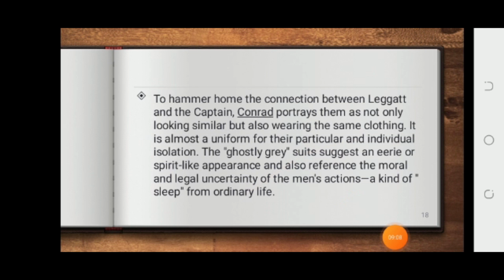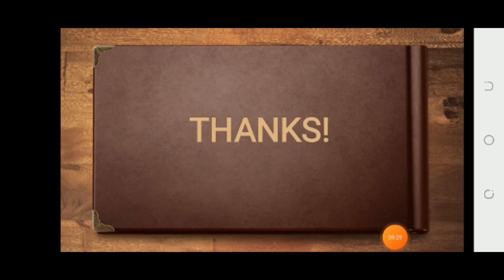It is also a uniform for individual isolation. So the ghostly gray suits suggest a spirit-like appearance, and also refer to the moral and legal uncertainty of man's actions. So that was all. Thank you so much.